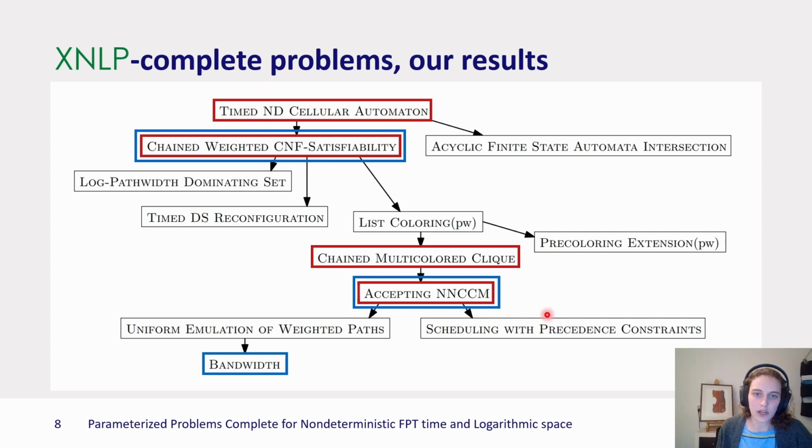I just want to go over two of these. I'm going to explain this chained weighted CNF-satisfiability problem and this accepting non-deterministic, non-decreasing counter-checking machine. So those are the ones that I'm going to explain quickly, just so that you get a feeling of what types of problems lie in this complexity class.